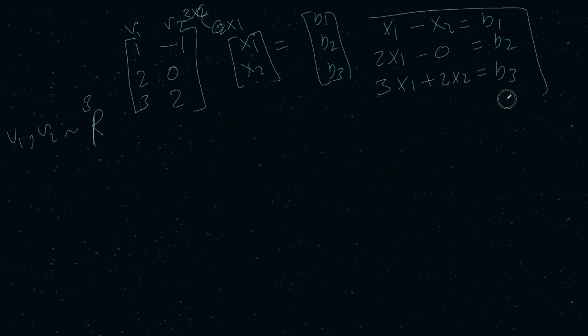This is the way that we know to represent this matrix multiplication, or system of linear equations, in expanded form. The compact form is A times x equal to b.